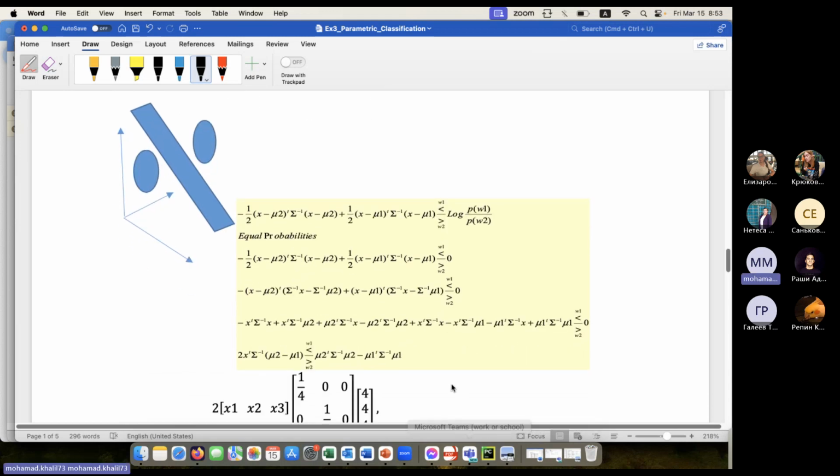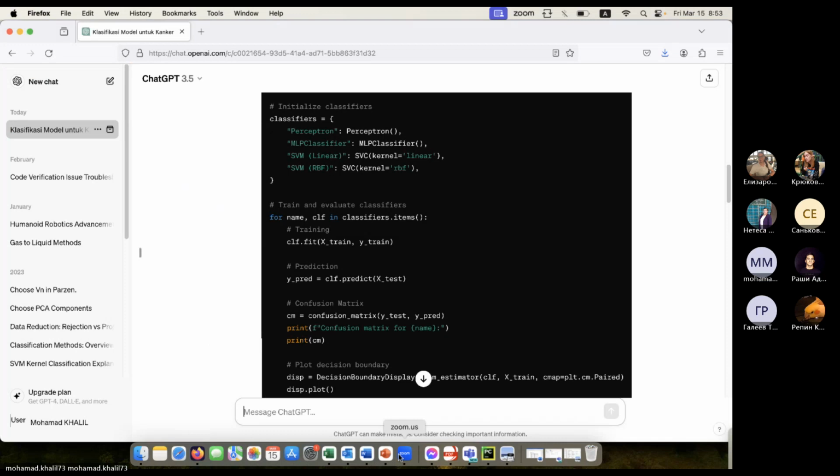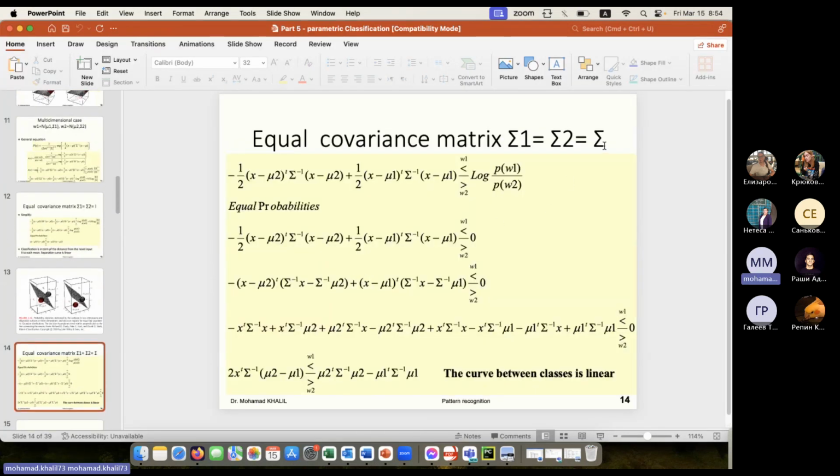Look, in the class we have seen that if sigma 1 equals sigma 2 equals sigma, you have to use these slides. You can copy this slide and use the final equation. But you have to pay attention that log p(omega 1)/p(omega 2) equals 0.